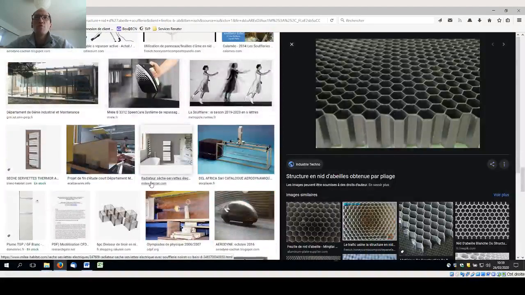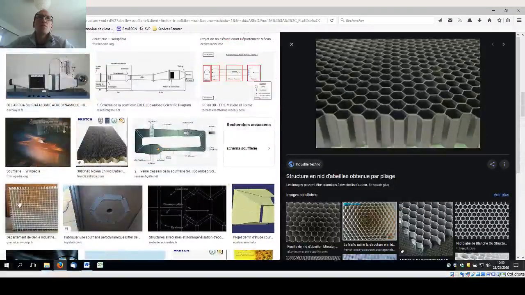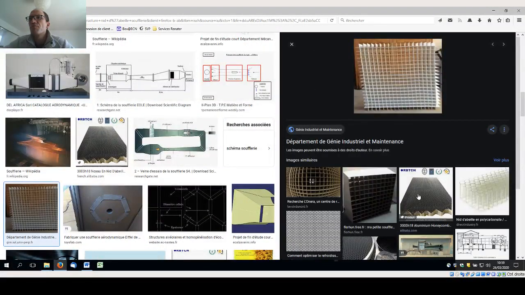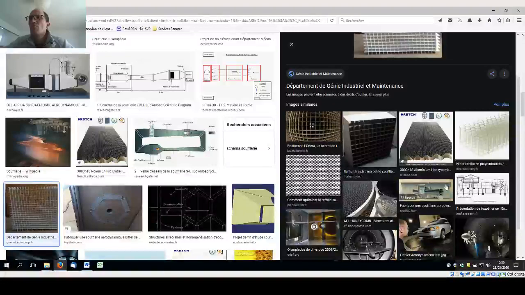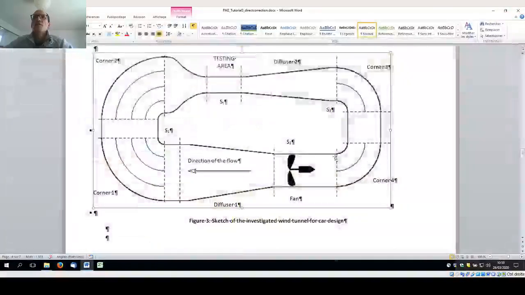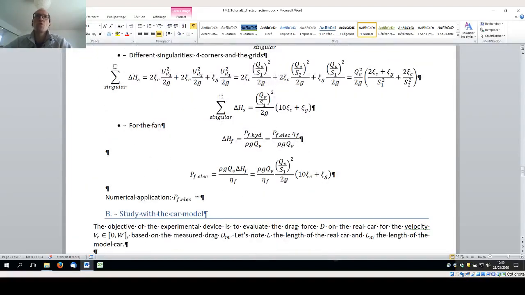It's just to have a flow which is very homogeneous. It's usually placed inside the wind tunnel at given locations so that in the testing area you are controlling very well the flow condition that you have.